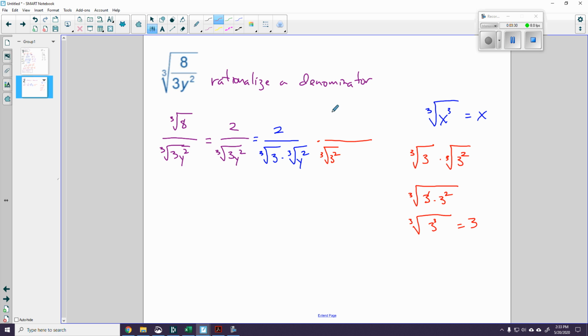Well, let's take a look at the cube root of y squared. How am I going to get rid of that? Well, I have here the cube root of y squared, and I know that if I multiply that by the cube root of y, which is y to the first, then that's the same as the cube root of y squared times y to the first, which is the cube root of y cubed, and that gets me y.